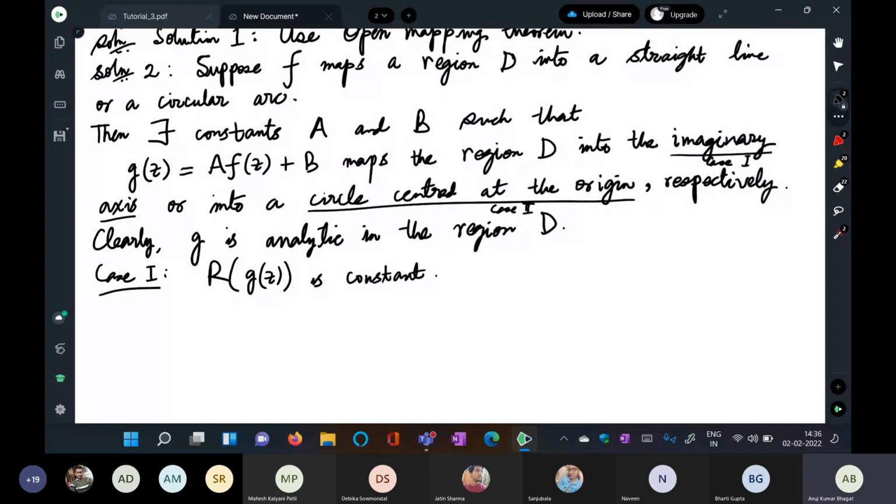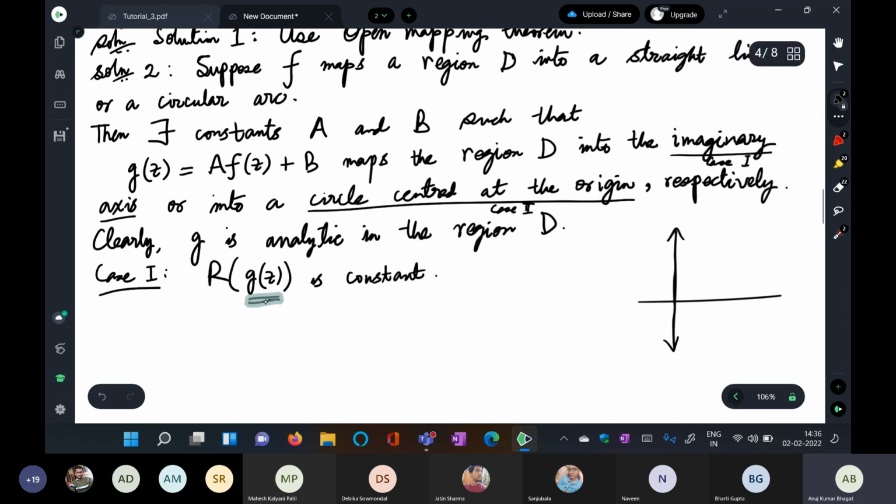The answer is very simple. The image is this line, and in this line the real part is always 0. That means it is constant. This is just an imaginary number. Instead of saying constant, I can properly say the real part is indeed 0. Do you agree with me now?